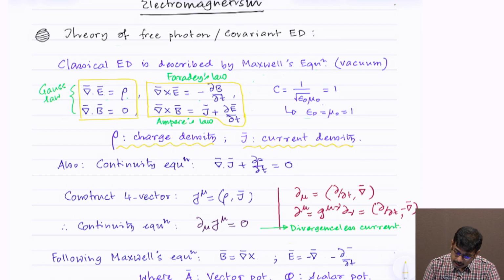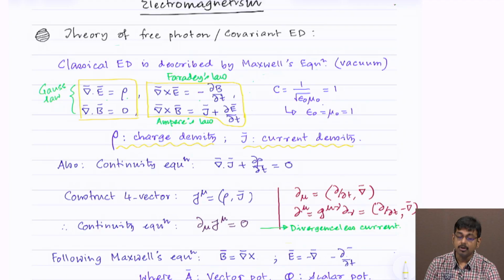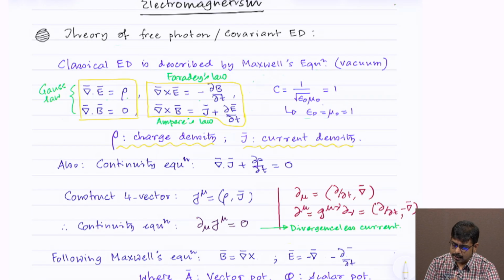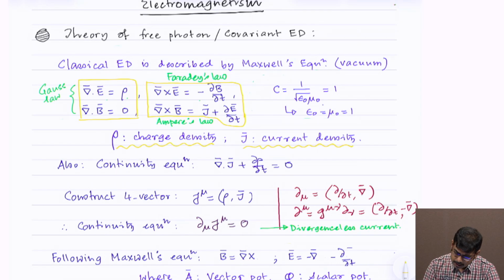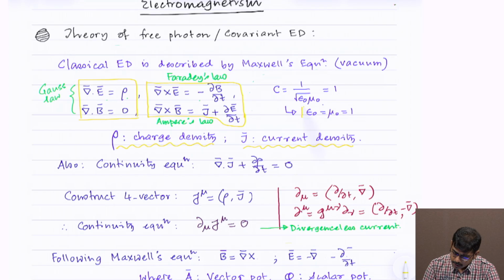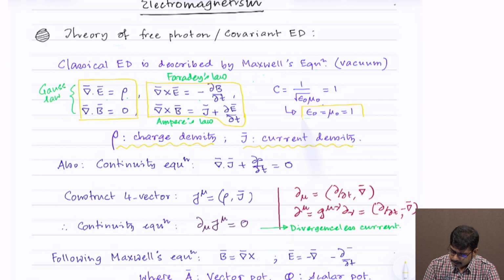Now, C is actually 1 by square root of mu naught epsilon naught in the vacuum, with the permittivity and permeability. So with C equal to 1, we also tacitly assume that epsilon naught mu naught equals 1.